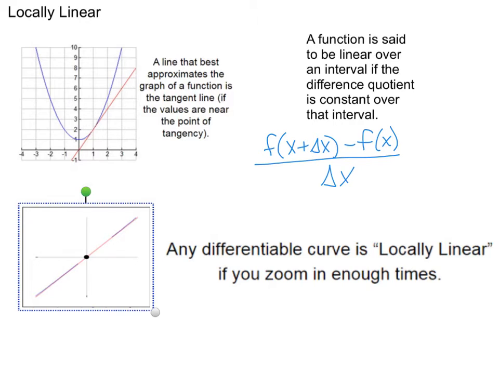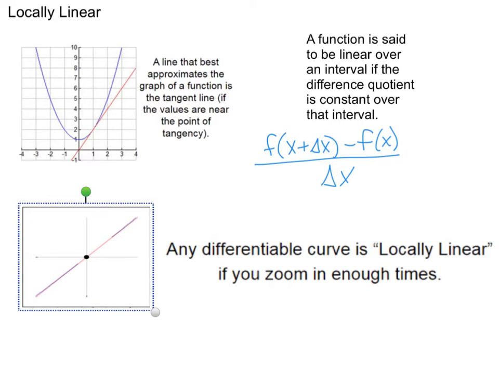But if you had a curve, which you can see here on this diagram, this is a quadratic function, and a tangent to that point. If I graph this curve on a calculator and I just kept zooming in and zooming in at the point of tangency, you would begin to see that the graph of this function tends to become linear the closer and closer it gets to that point of tangency.